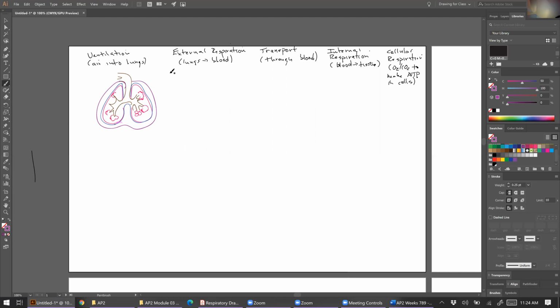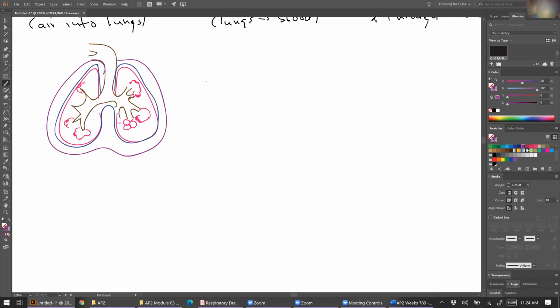So up against the thoracic wall would be the parietal pleura. And then the one that's just slightly inside of that, visceral means inside, so this is the visceral pleura. And then there's going to be a space between there. It's called the intrapleural space.